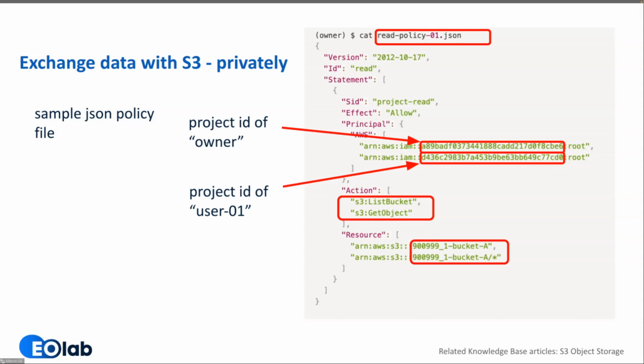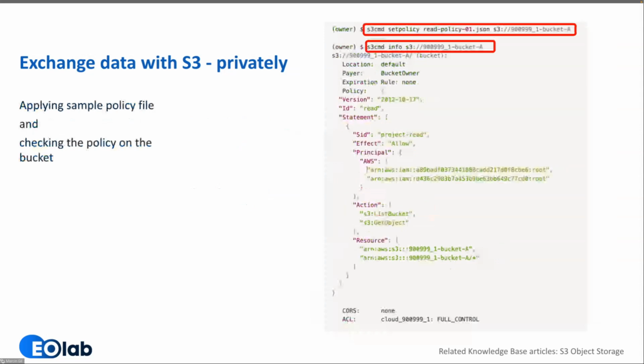The file also shows which bucket will be shared, and the project ID of the owner and the project ID of user one. And this JSON policy file you have to apply. So on the next slide, I show you S3CMD setpolicy, then the file and the bucket which you want to share with the other user.